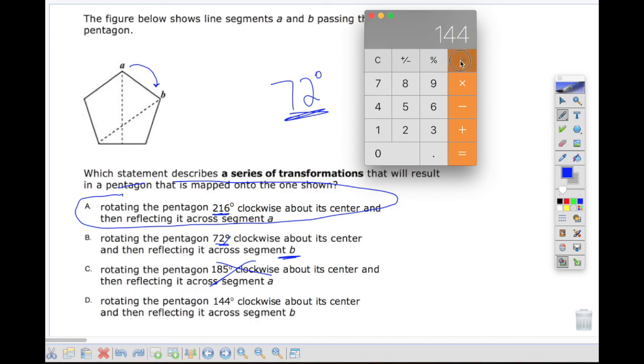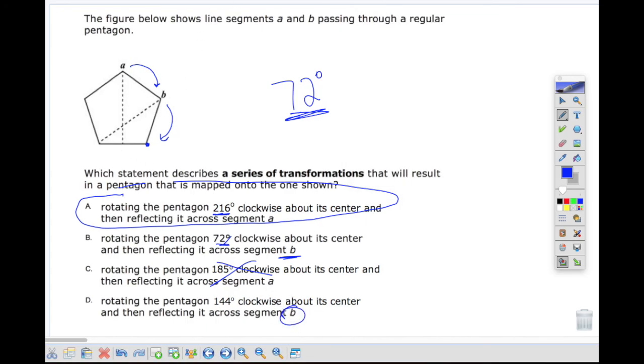And 144 degrees, that is 2 rotations. Okay, so that would take it back onto itself. However, B is not a line of symmetry, so that would not work.